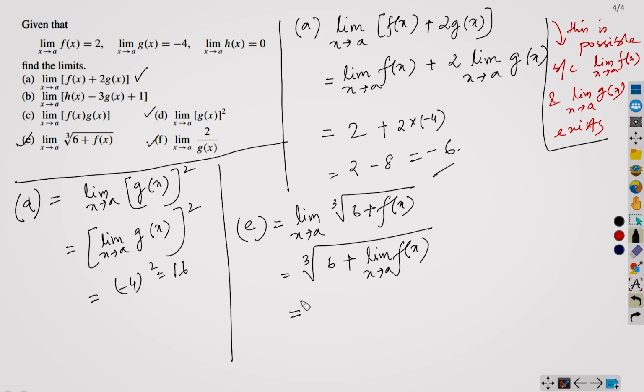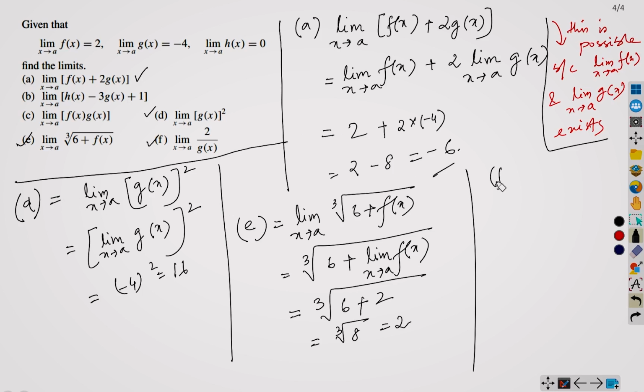Okay, either it be a square root, cube root, whole square, whole cube, multiplication, addition, division, whatever. If the limit exists, then we can do this operation. We have here the limit of f(x) equals 2. This means cube root of 8. Therefore, the answer is 2. Okay.